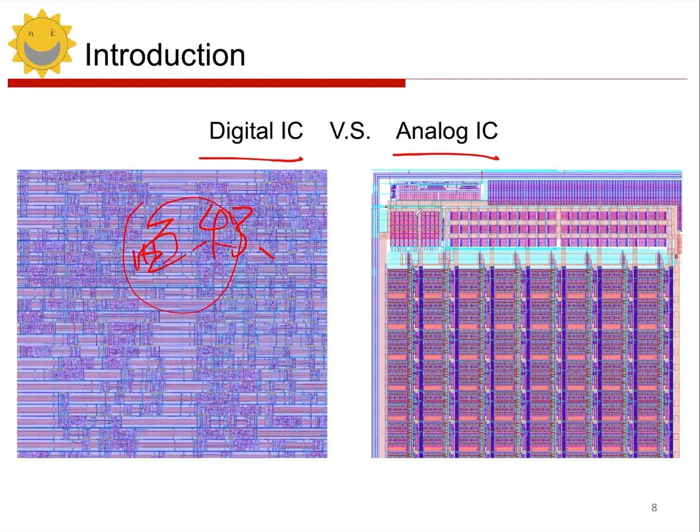Now, looking at the analog circuit, it's quite different. You can see that it has a well-defined structure with good symmetry and regularity. For example, the components are neatly arranged, showing a high degree of symmetry and repetition. This is a characteristic of analog circuits. Why does it have this characteristic?